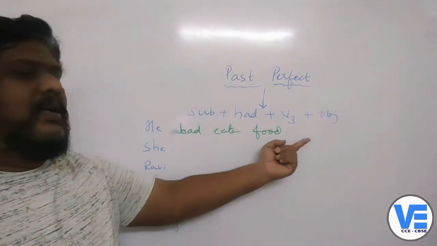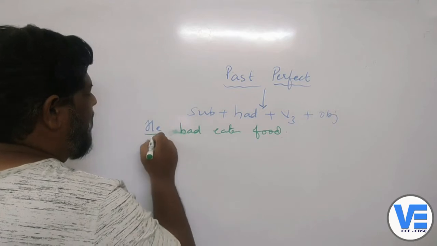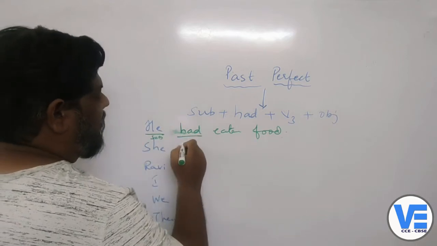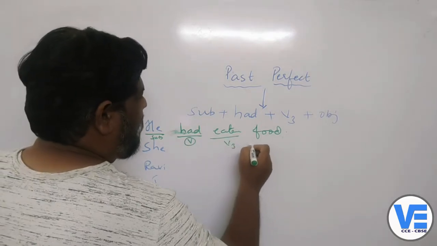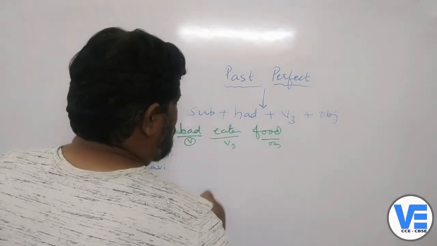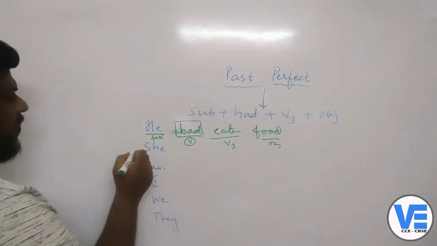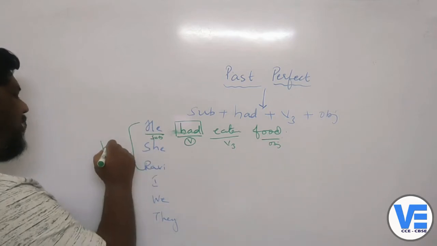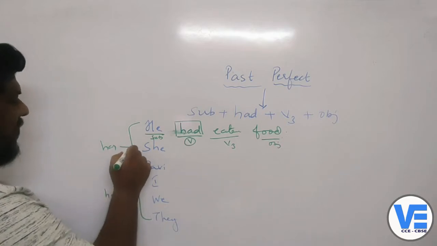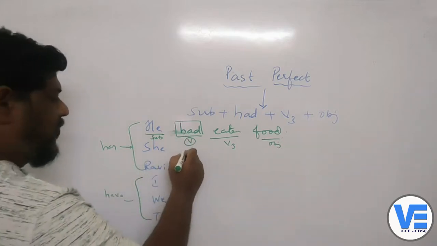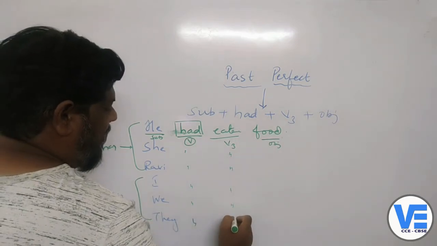Here it is the subject, the auxiliary verb, helping verb, this is V3 and this is the object. In the present tense, for he, she and Ravi we have used has, and for I, we and they we have used have. But here the past tense of has and have is had. So for all the sentences here, you will write the same.